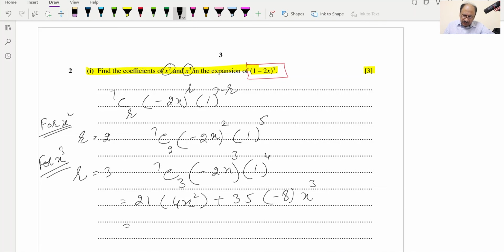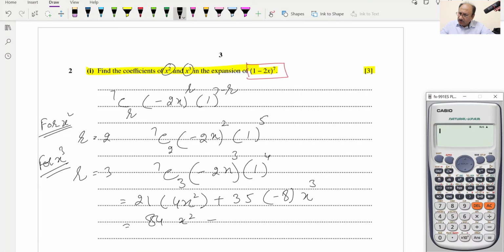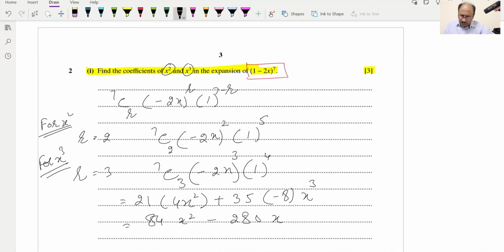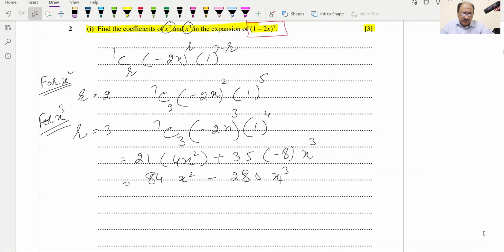Now we simplify: 21 into 4 is 84, so 84x squared, and 35 multiplied by 8 is 280, so minus 280x cubed.